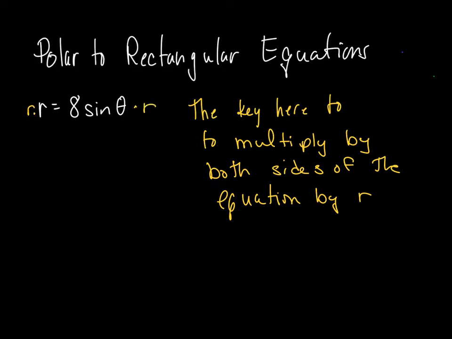What we do when we multiply both sides of the equation by r, we end up getting r squared is equal to 8r sine of theta.